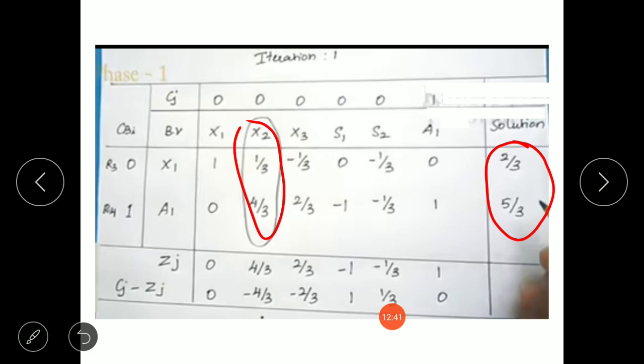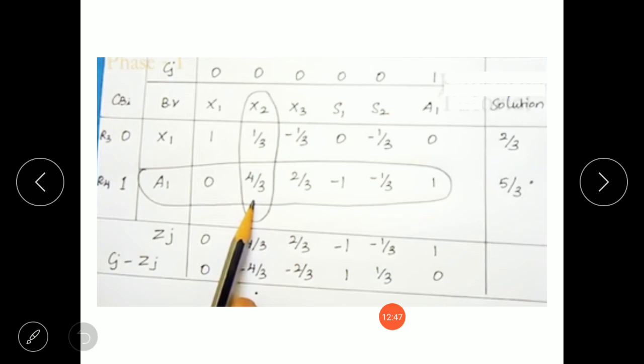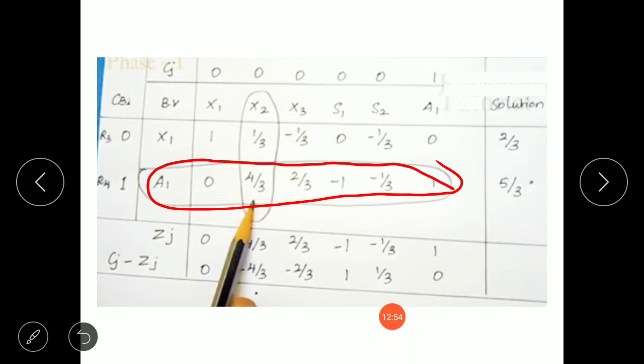Once you find the elements of the ratio column, you need to find the least positive value. After finding it, I see that this is my key row. And the key element is where the key row and the key column overlap. So this is 4 by 3.